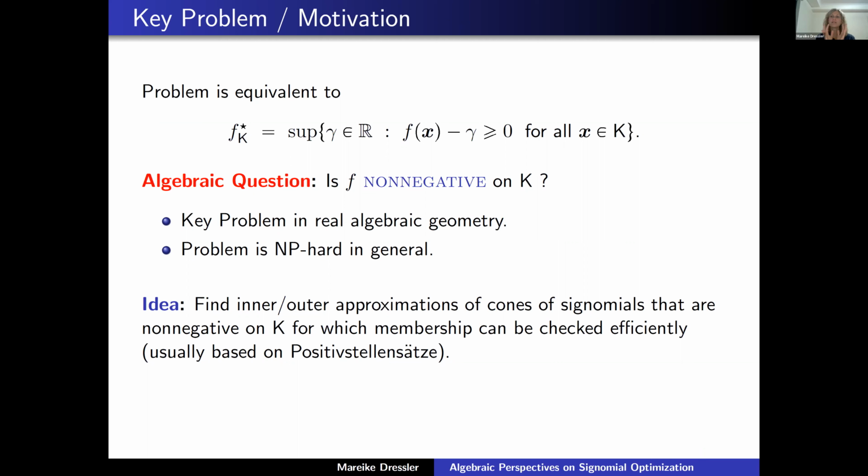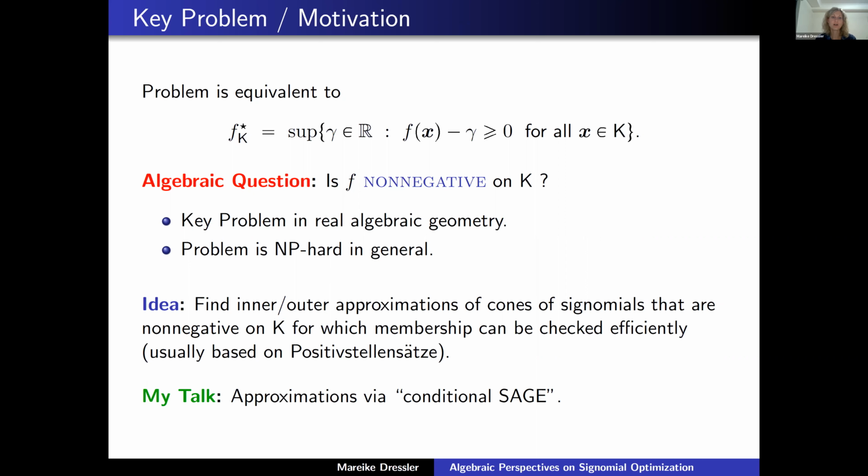So one now finds outer and inner approximations of this hard to test non-negativity cone. And these outer and inner approximations hopefully can be checked more efficiently, so membership in these approximation cones. And then one translates these approximations to hierarchies to really optimize over these cones. And they are usually based on so-called Positivstellensätze.